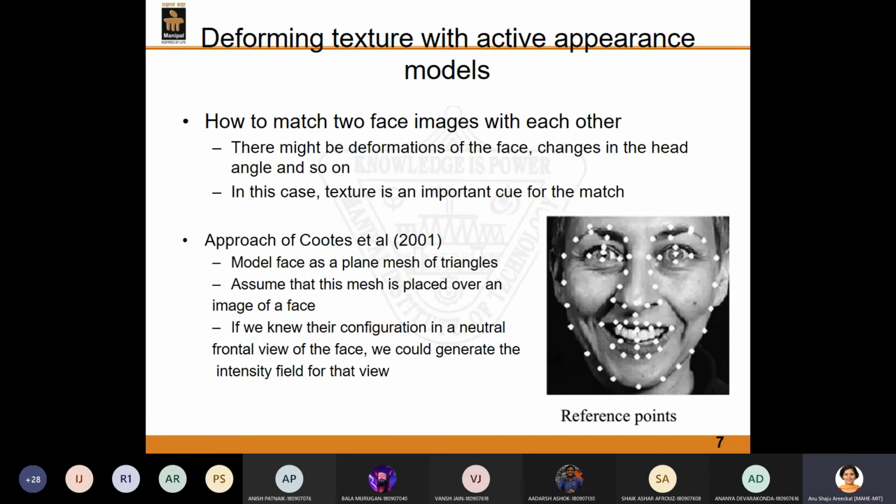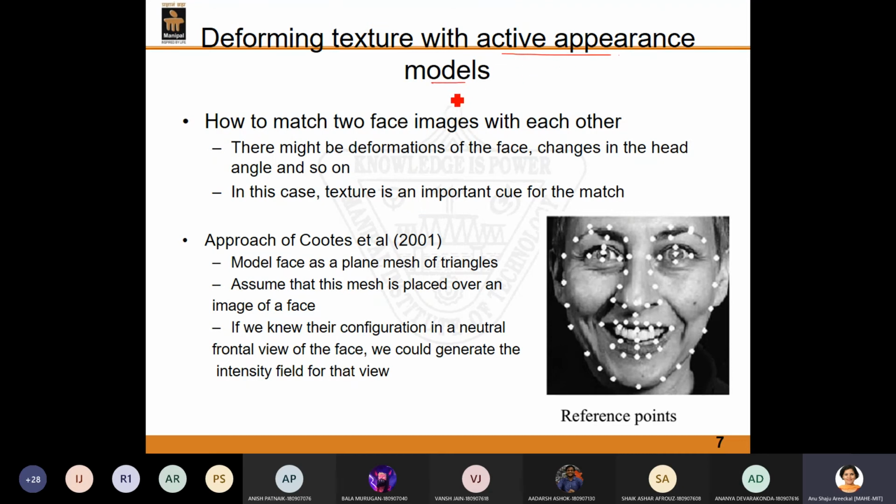Now let us see how we can use this concept of barycentric interpolation to understand how registration is done for deformable objects. For that, we are going to discuss an approach called active appearance models.